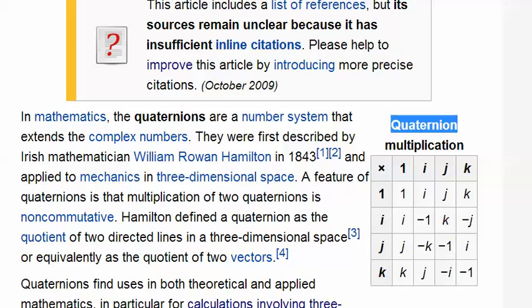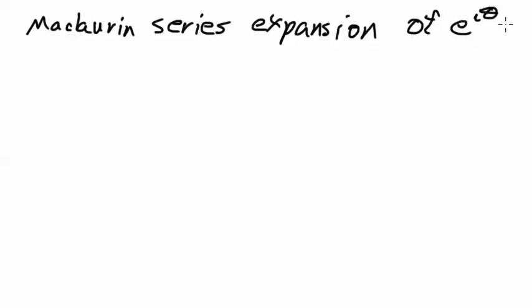It involves something called Maclaurin Series, specifically the Maclaurin Series expansion of e to the i theta.